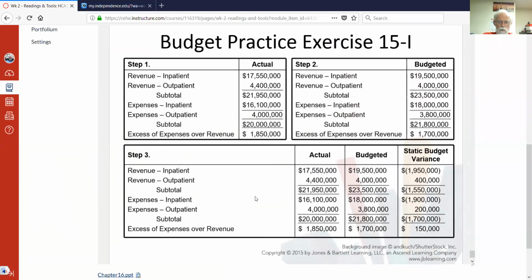So a lot of these things, again, we're looking at static budgets because flexible budgets are a little more complex to deal with. But here we have, again, a shortfall in revenue, an excess in expenses, such that the shortfall is calculated in the way that they're showing here.